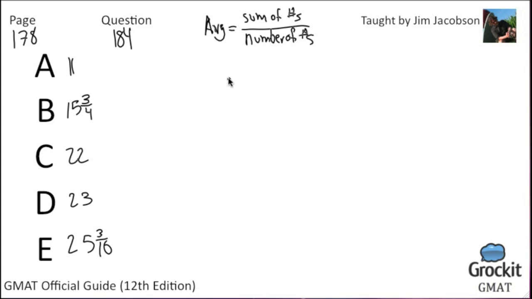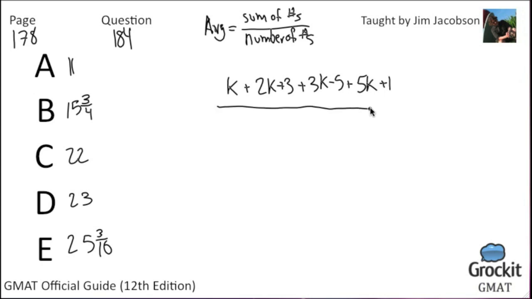We have k plus 2k plus 3 plus 3k minus 5 plus 5k plus 1. And we have 4 numbers total. That was k, 2k plus 3, 3k minus 5, 5k plus 1. 4 numbers divided by 4, that equals 63.